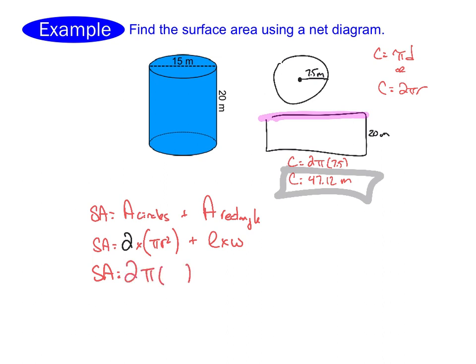What's the radius of those circles again? 7.5. Yippers. So 2 times pi times 7.5 squared plus the length, we just found it was 47.12, and we're going to multiply by 20.